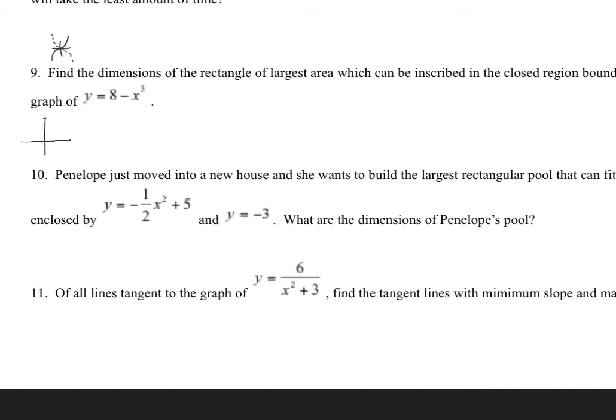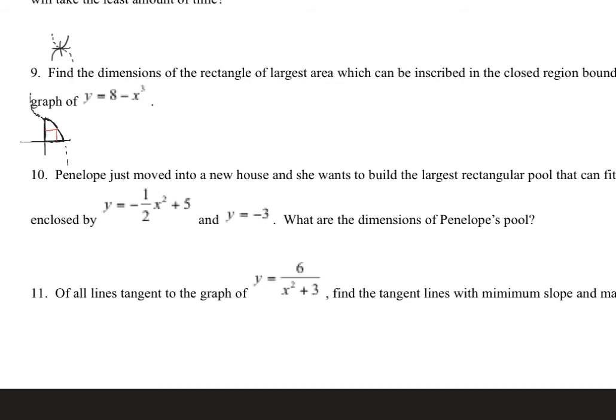So what we're going to get is something that's going to be coming down here and then continue on. This is the part that we're interested in because we want the region bounded by the x-axis, the y-axis, and this curve. Then we're going to imagine now inscribing a rectangle inside this region right there.